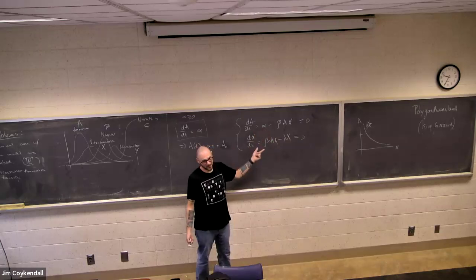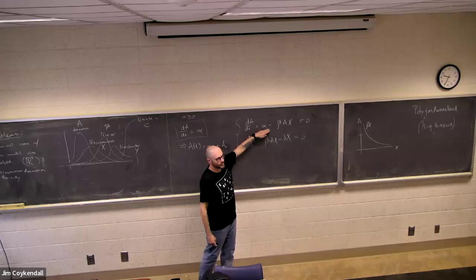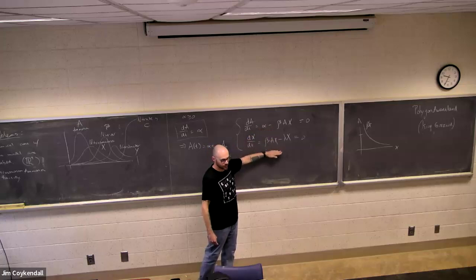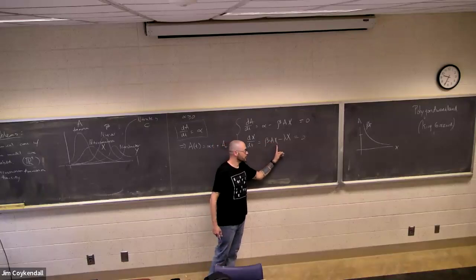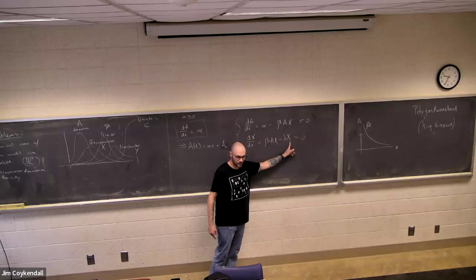What's one major difference that you see between this equation and this equation? It's constant, the other's not. So we have two variables here, two unknowns. But what's special about this term and this term that they have in common?